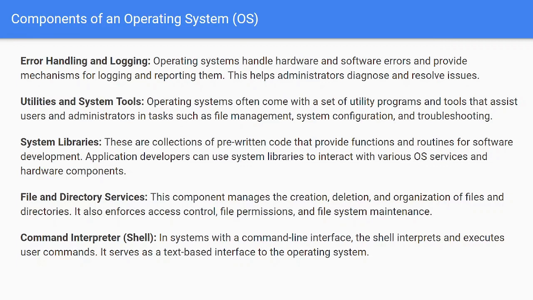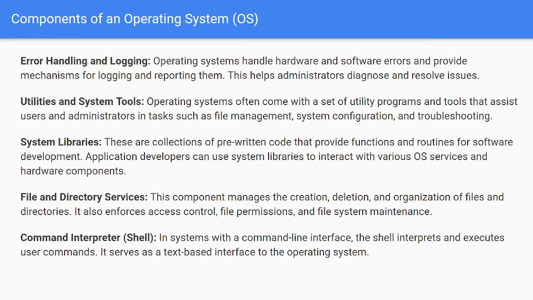When an error comes up, the operating system pops it up to the administrator. Sometimes it even suggests what to do when you experience this kind of error. So it helps the administrator diagnose the error and quickly resolve whatever issue is ongoing.